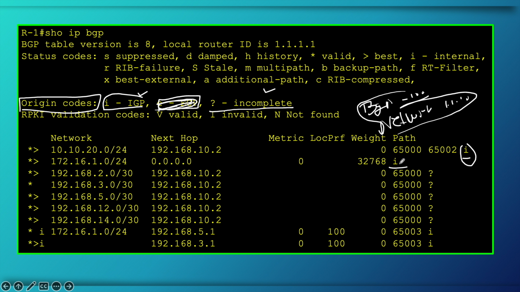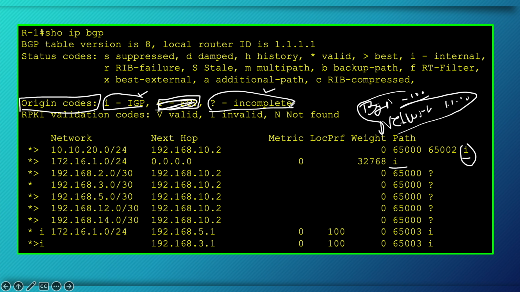Now if it is incomplete, right, it means your BGP doesn't understand from where and how it's learned, from where it is originated. In that case it will show you a question mark, right? So if you learn any network by redistribution, or another protocol injected the network into your BGP network, in that case it will be shown as a question mark.